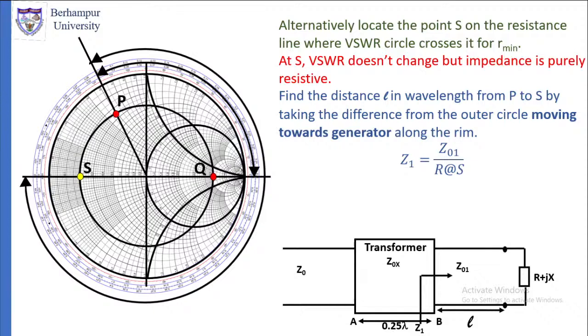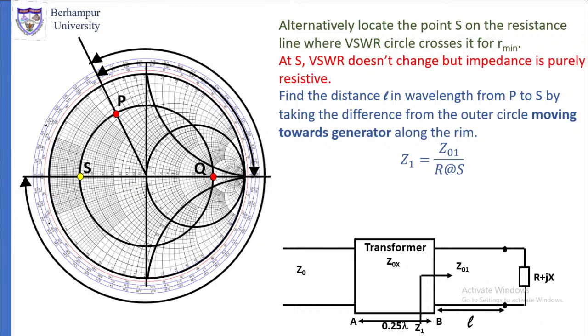How do we find the length of the transmission line section from P to S? You can again see the outer arc.